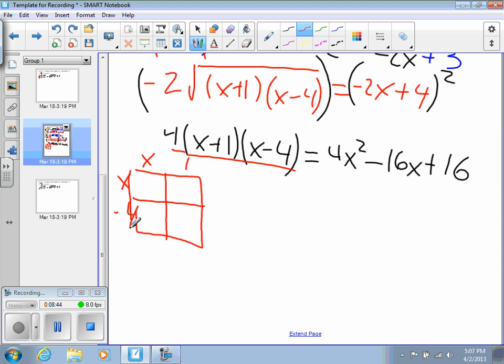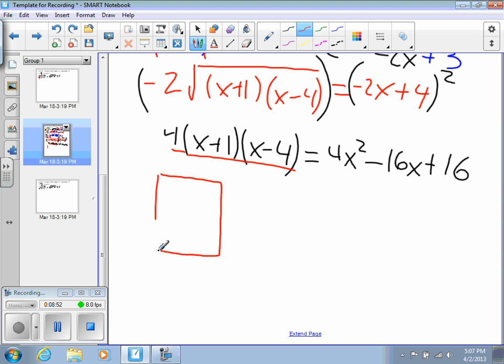I don't like how that came out. Let's see if I can fix that so we can see it. Scoot our box over some. So we've got x plus 1 and x minus 4. That's much better. So now we've got x squared, x, negative 4x, and negative 4.